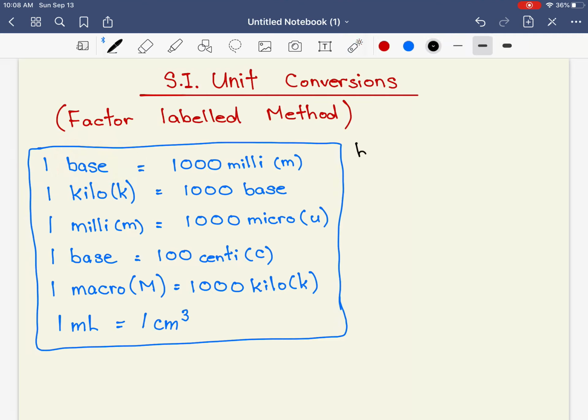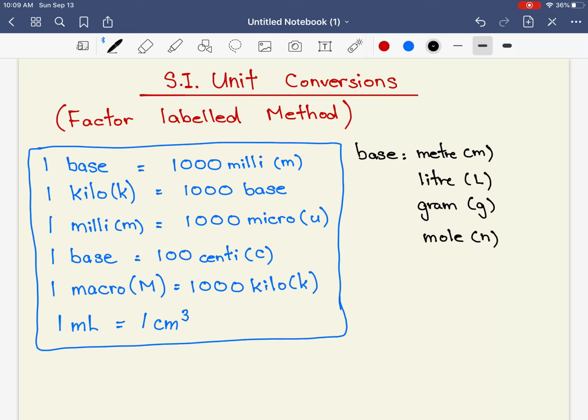Well, a base is really just base units, like meter. That's a base unit. Like liter, that's a base unit. Grams, definitely a base unit. And then something that you're going to hear a lot of, mole, which is, of course, a base unit.